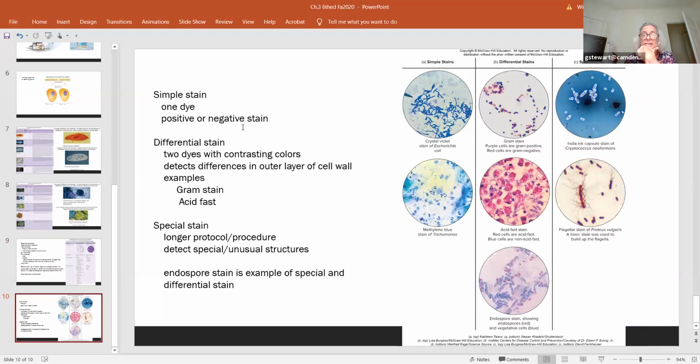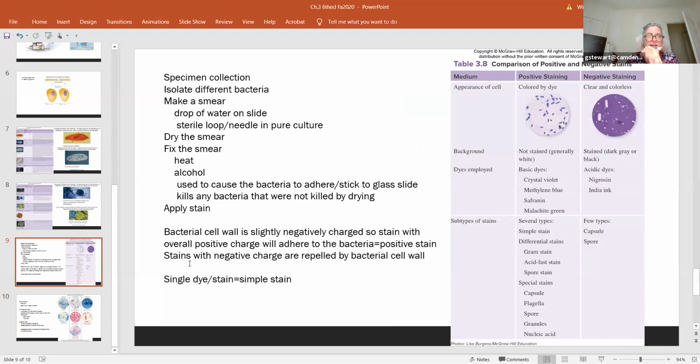It has to do with the charge on the surface of the bacteria. Almost all bacteria have the cell wall, which is their outside covering, and it is slightly negatively charged. So any stain that is overall positively charged will stick to it.